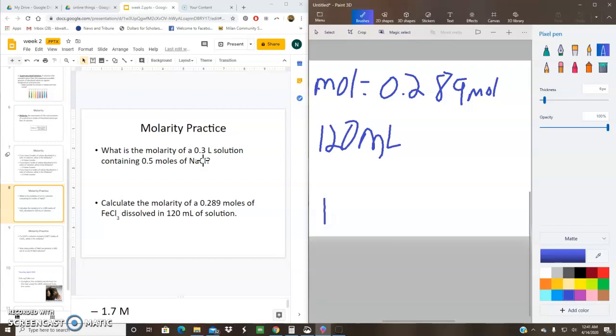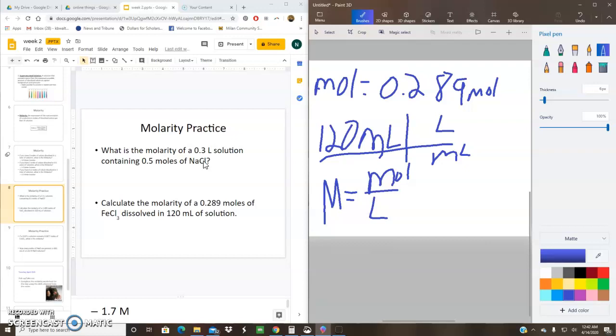Our equation is molarity is equal to moles over liters. We cannot just substitute milliliters. We have to have liters. So the easiest way to do that is to do a conversion. So 120 milliliters on bottom because that's what we're getting rid of, and we have liters on top. Who here remembers how many milliliters are in a liter?